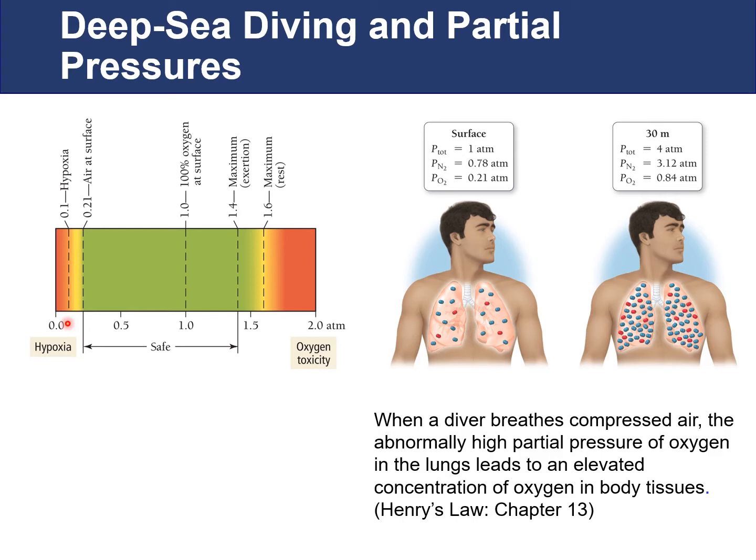So it's still 21%, but at elevation, it's no longer 0.21 atmospheres of pressure. You can get to a point where maybe the atmospheric pressure is half an atmosphere, which would mean that the partial pressure of oxygen would be half of what it is down at sea level. So you'd be looking at about 0.1 atmospheres of pressure.